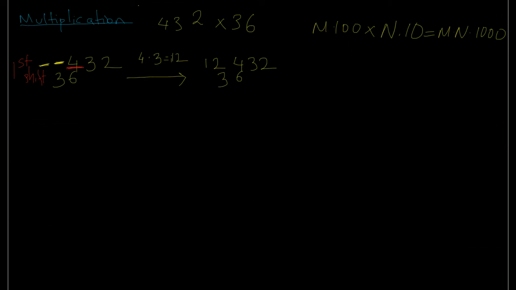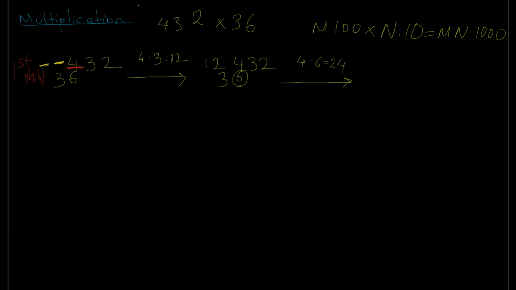Now we reach the end of the shift when we multiply the current digit of the top number with the unit digit of the bottom number. Since the bottom number is only 2 digits, we reach the end of the shift after 2 steps. So now we multiply 4 times 6, 24.